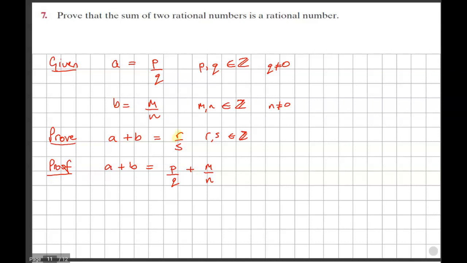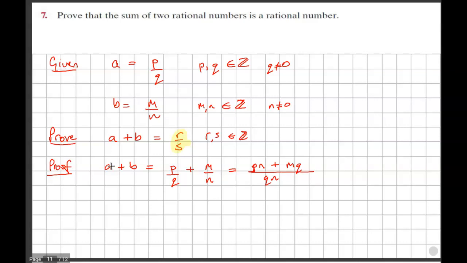And if we can get it to look like a single fraction, then we have that statement proven. So let's write this out as a single fraction. Common denominator of Q multiplied by N. So we have Pn and Mq. And there we have it.